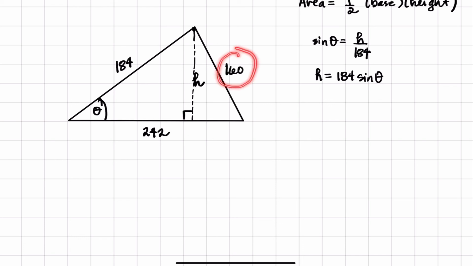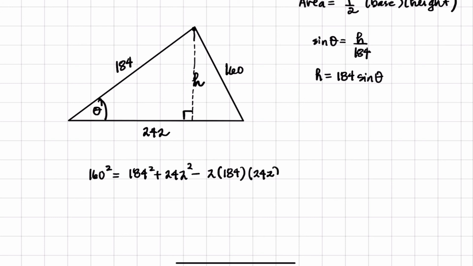Square nito nung opposite side equal siya sa square plus square minus twice nung product 184 tapos 242 cosine ng theta.